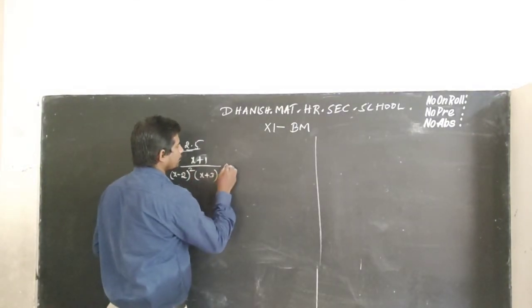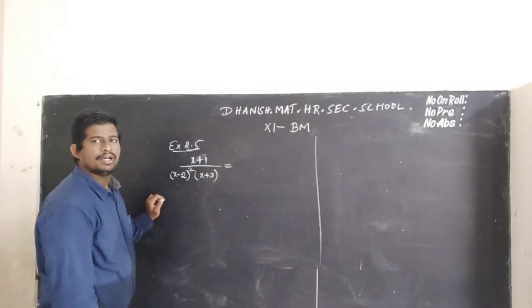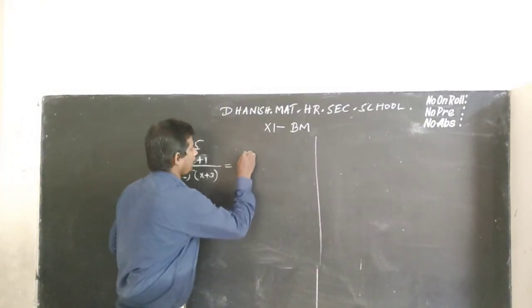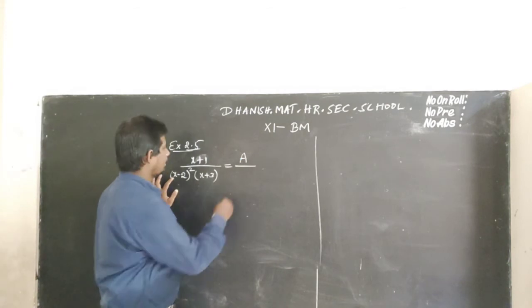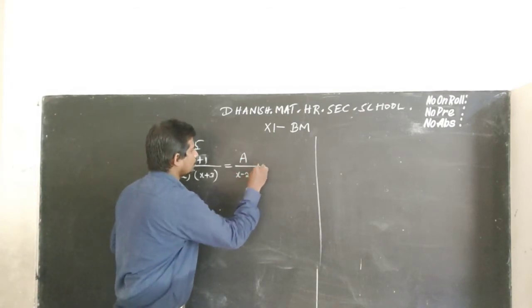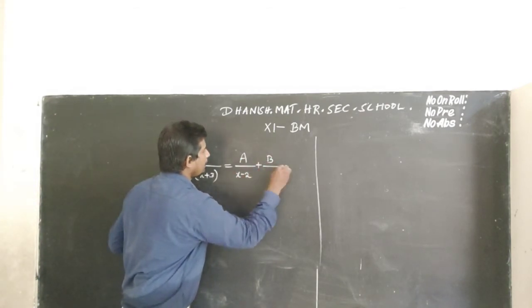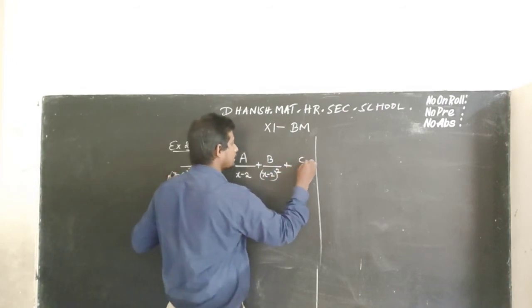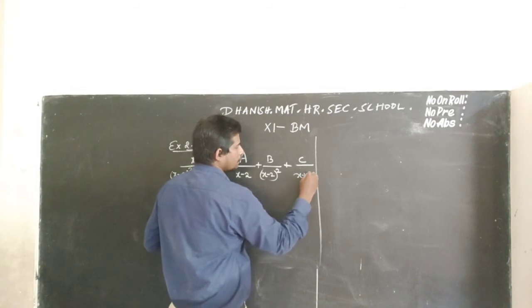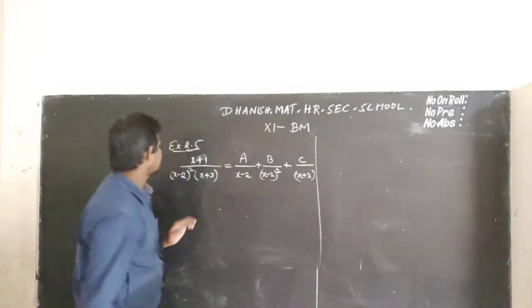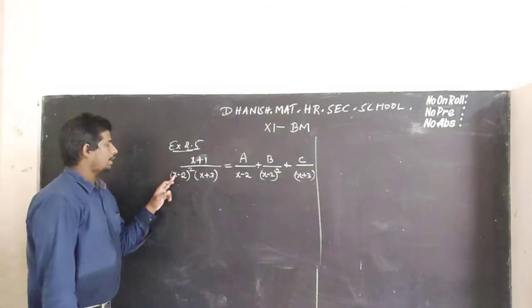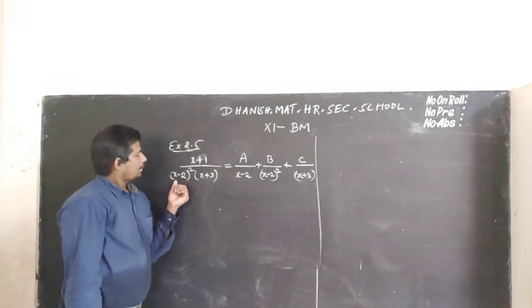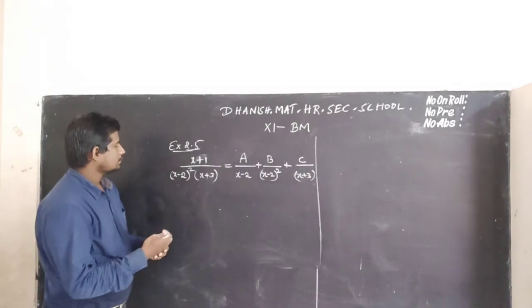This rational expression can be written as a by x minus 2 plus b by x minus 2 whole square plus c by x plus 3. Here our linear factor x minus 2 is repeated 2 times.